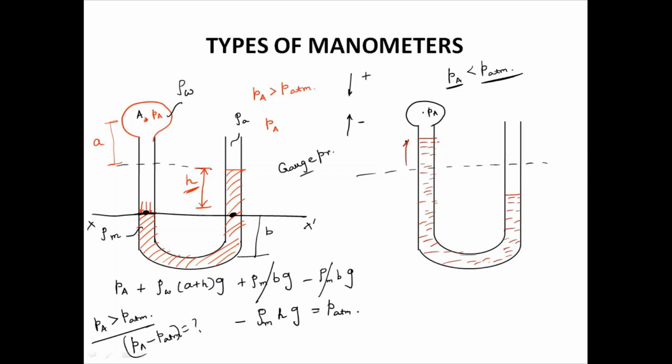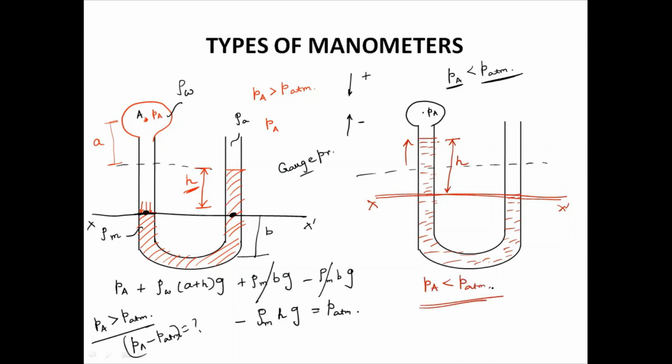Because of the vacuum, the manometric fluid will go to this side. So this would be the condition. Now this will be the reference line, the x-axis. Whenever you get the reading in this way, you will get the vacuum pressure. In that case, in the calculation, PA should be less than P atmosphere.